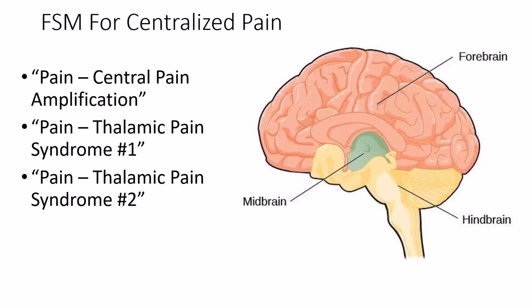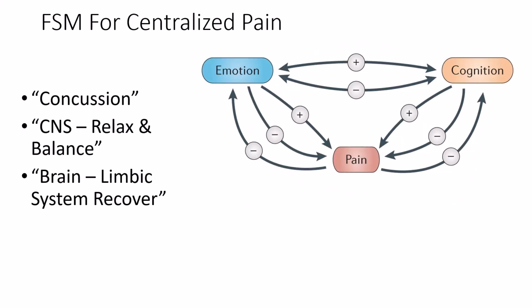Each of these protocols is slightly different in its focus, but any of these is useful for addressing this part of centralized pain. If you have more than one of these protocols on your FSM unit, I suggest trying each of them in turn and observe the benefit of each. You may get more benefit from one than the other, and so you can repeat or preferentially use that protocol.